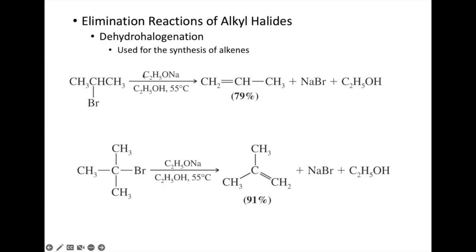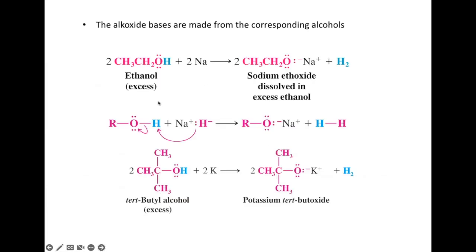Meron tayong sodium ethoxide, and this is dissolved in ethanol. Or we can have a reaction between an alcohol and sodium hydride. Remember, the hydride is acting as the base. The alcohol will act as the acid. When this base reacts with the acid, you form hydrogen gas. You'll see bubbles forming in the solution, and you have dissolved sodium ethoxide in alcohol.